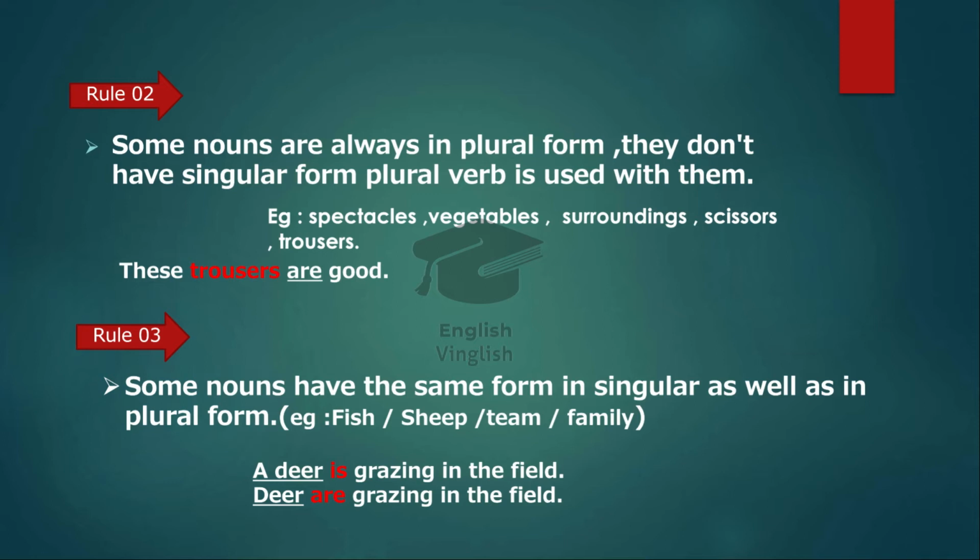In this sentence, a deer appears in singular form, so we use the singular verb is. In the second example sentence, deer are grazing in the field. So we have used the plural verb are. There the word deer appears in plural form.